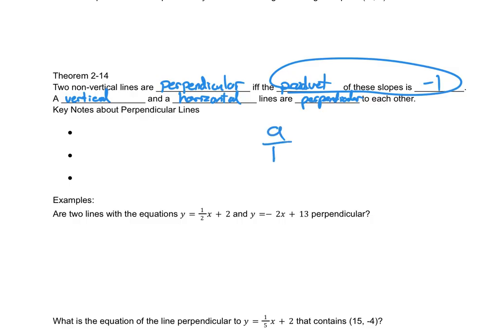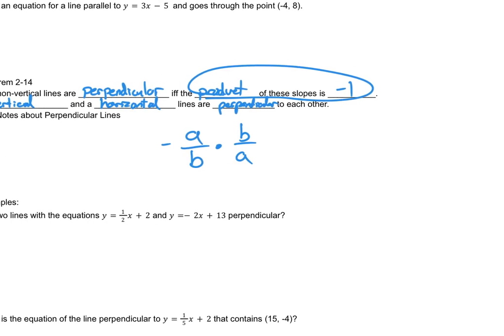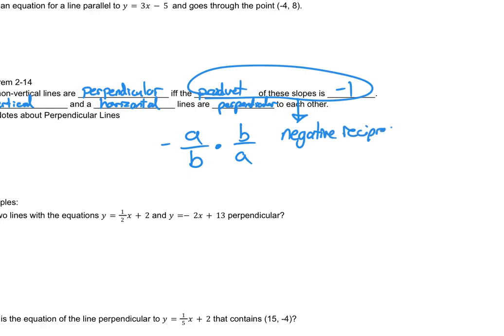If I have some number over another number, and I multiply by the reciprocal, and one of these is negative. Okay, so often what I will say is that these slopes are negative reciprocals of each other.